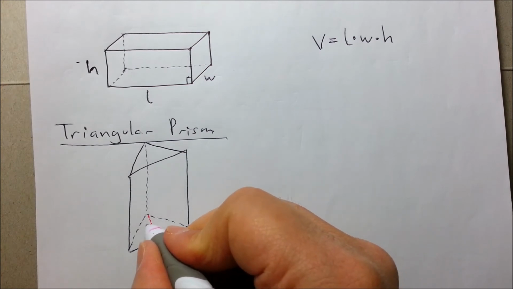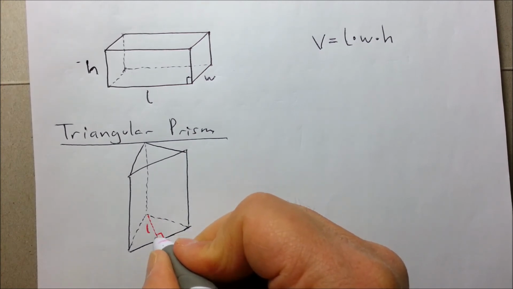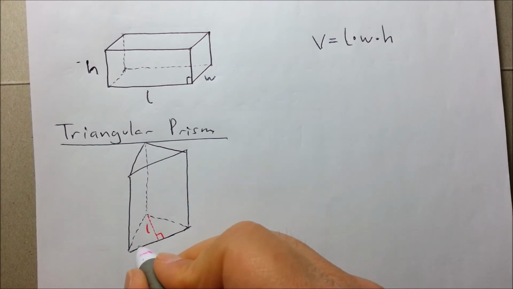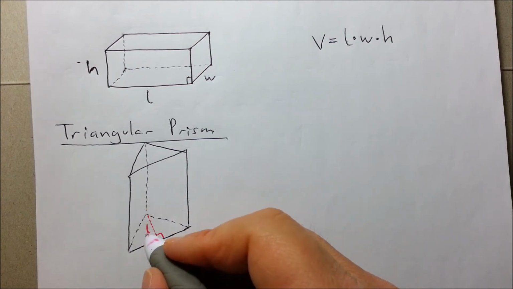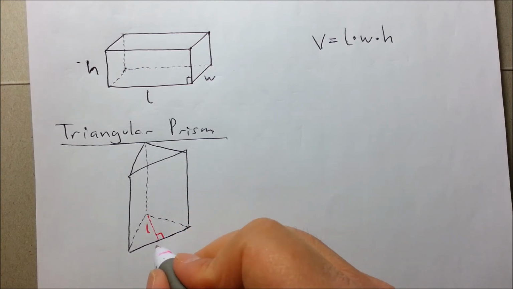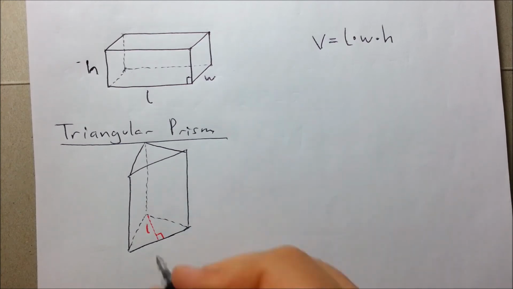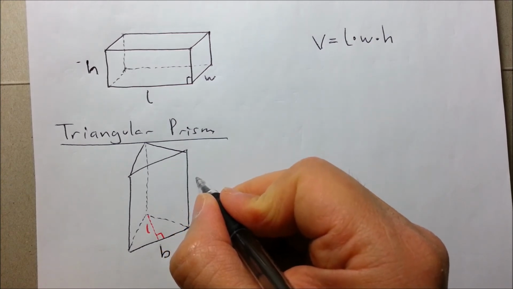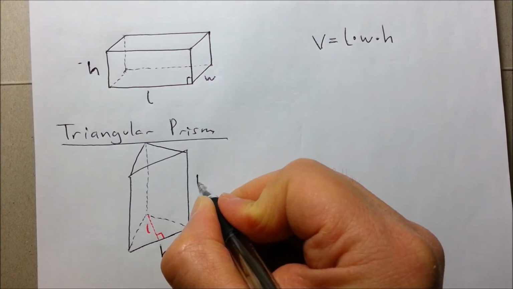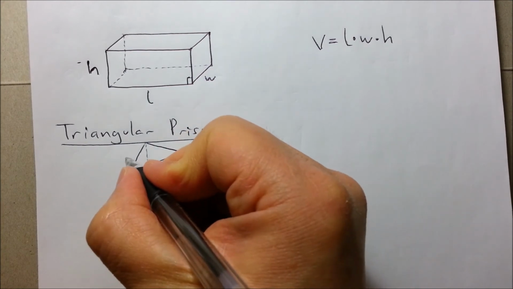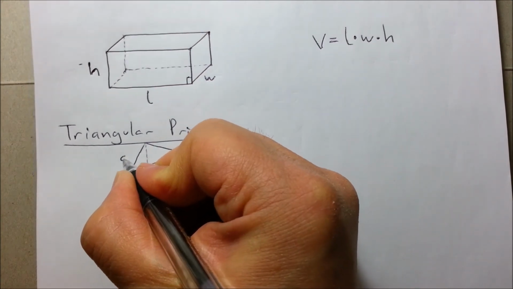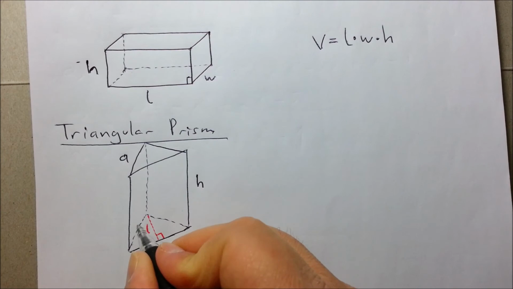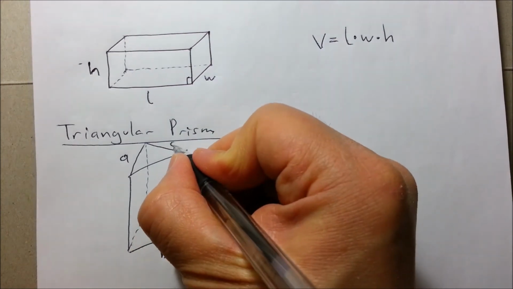Let's call this height L. This is the height of the base of this triangular prism. Let's call this B, which is just the side length of the base, and this will be our height. And this would be A, because we don't know whether it has the same length as B, and this would be C as well.